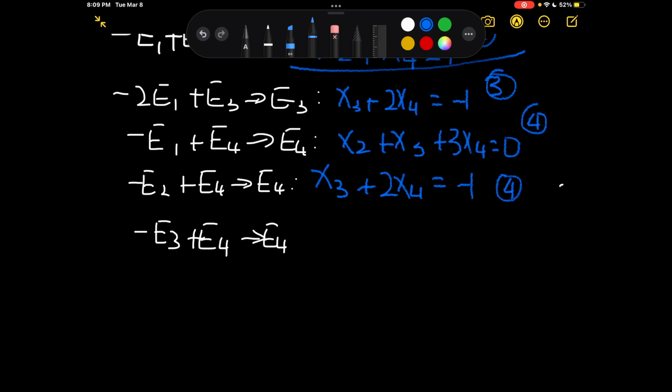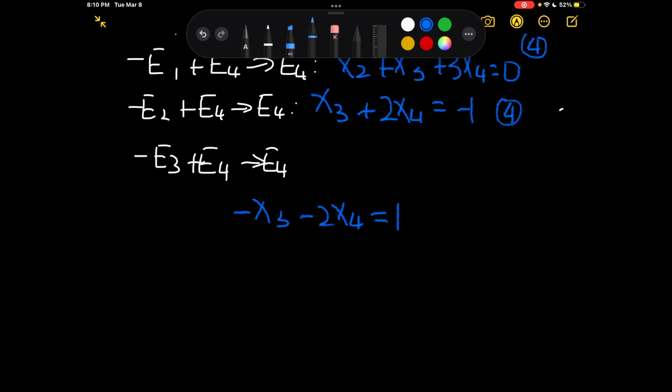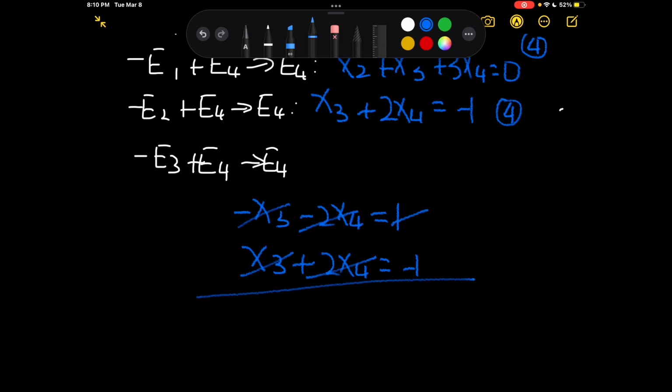The latest equation 3 negated is negative x3 minus 2x4 equals 1. The latest equation 4 is x3 plus 2x4 equals negative 1. When we add them together, everything cancels out, so 0 equals 0.